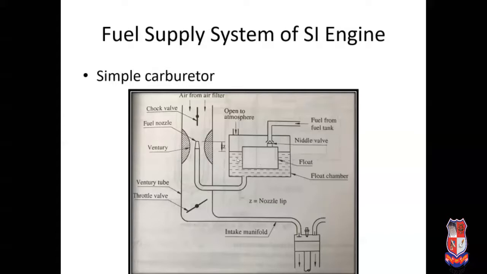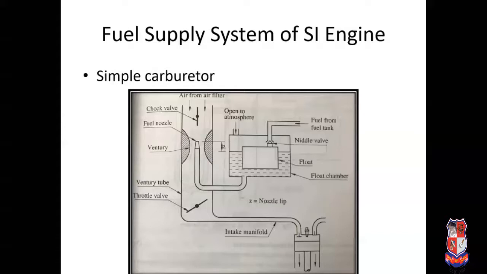This carburetor is the basic concept, right? There are some limitations of the simple carburetor. During starting condition, idling condition, slow speed, and sudden acceleration, a rich mixture is required. But this type of simple carburetor only supplies the stoichiometric mixture, meaning a constant air-fuel ratio is supplied.